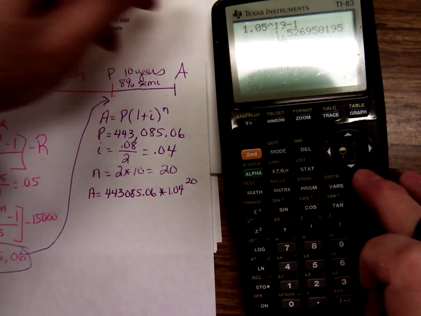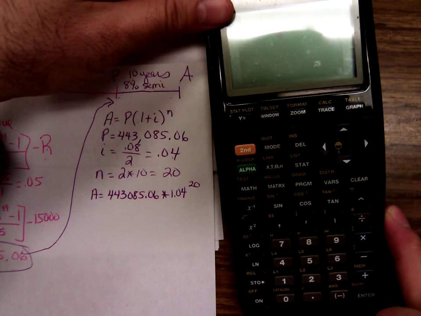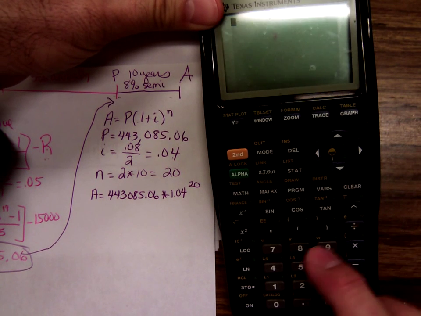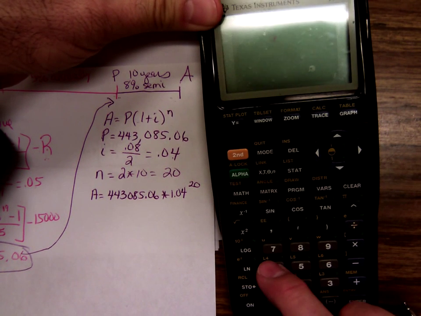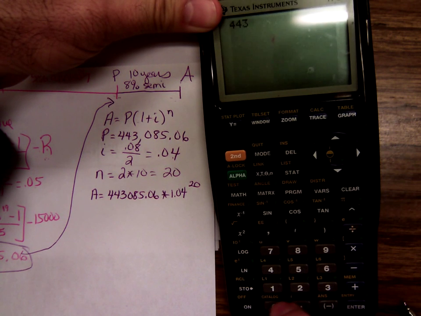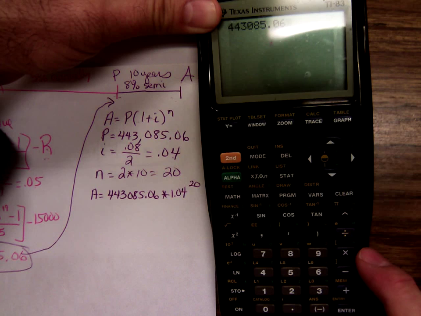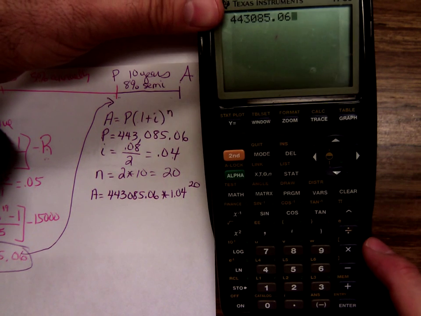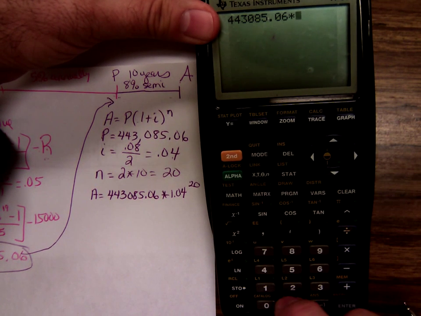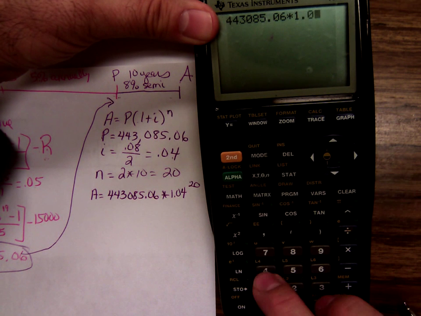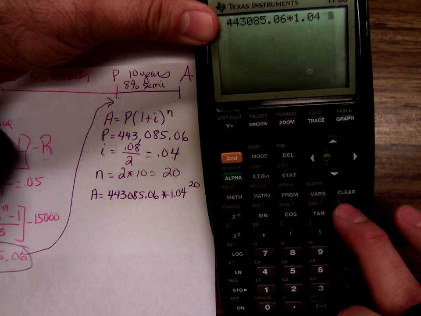Let me see. I'm going to put in 443,085.06 times 1.04 raised to the 20th power.